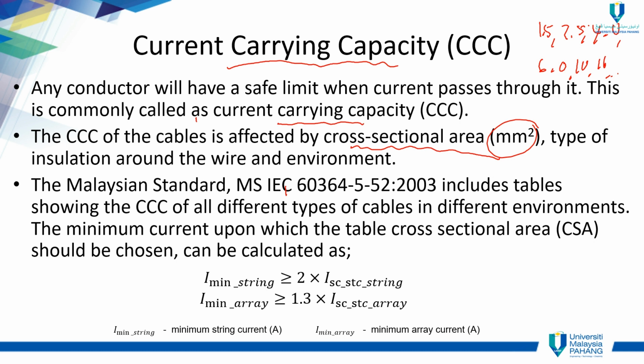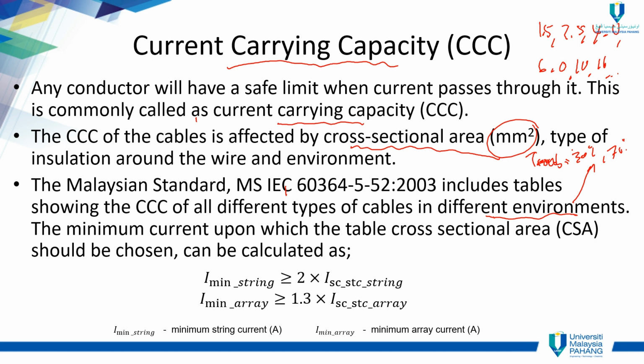Don't get confused. The Malaysian standard MS IEC 60364-5-52:2003 includes tables showing the CCC of all different types of cable in different environments. When we talk about environment, it's all about T ambient, the ambient temperature. It's not the same for all temperatures. For example, 30 degrees C is not the same as 70 degrees C, and there is a table for that.